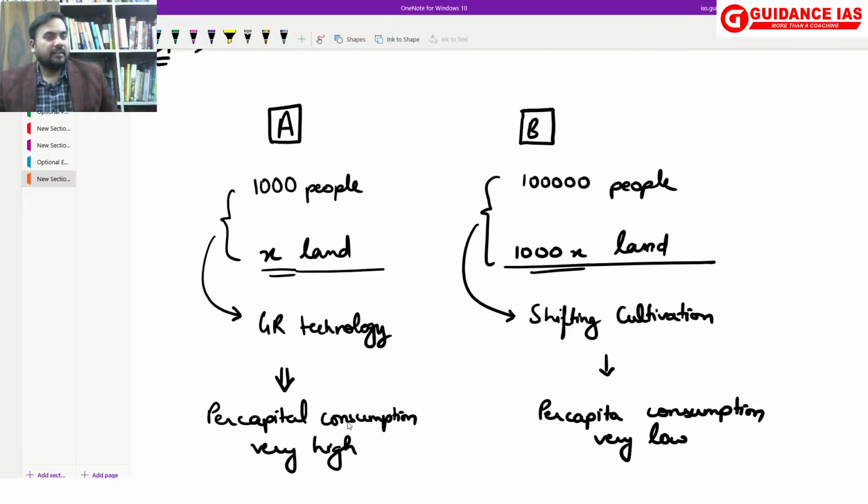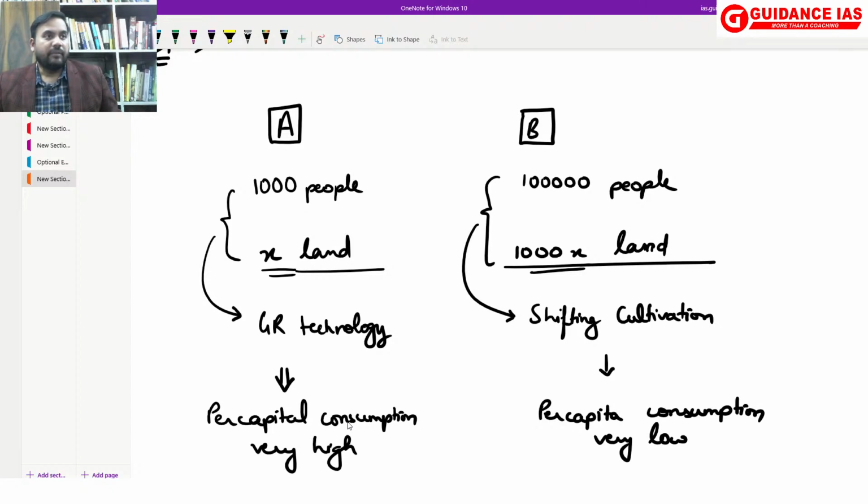Can I say that now identifying which is more populated becomes even more difficult? Yes or no? It becomes even more difficult, and this is the crux of this question.